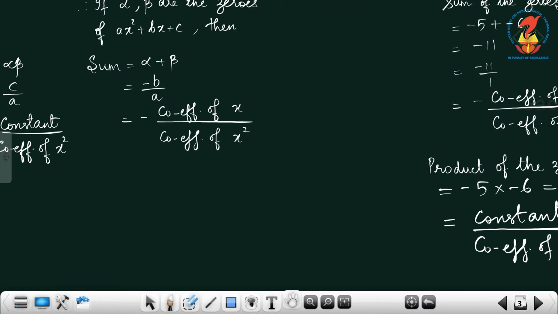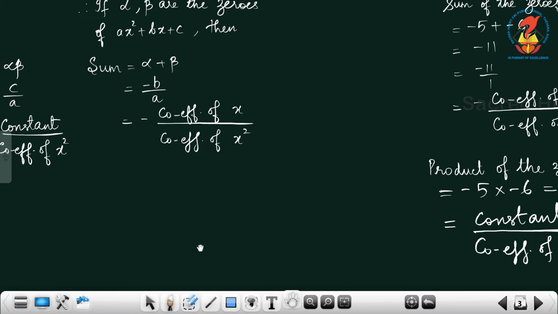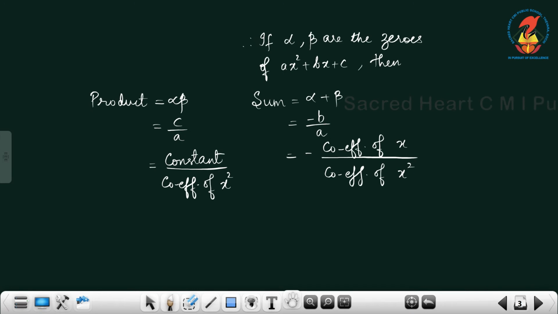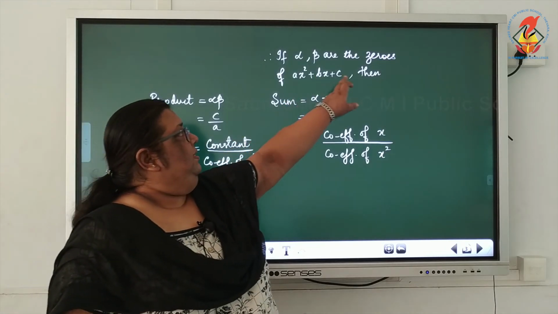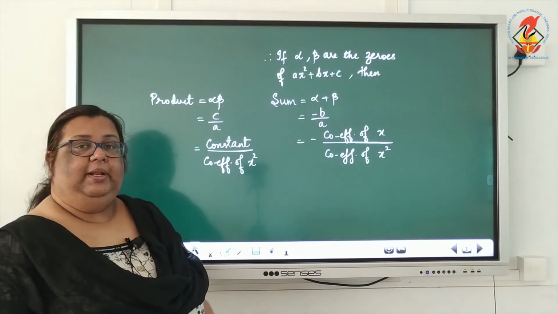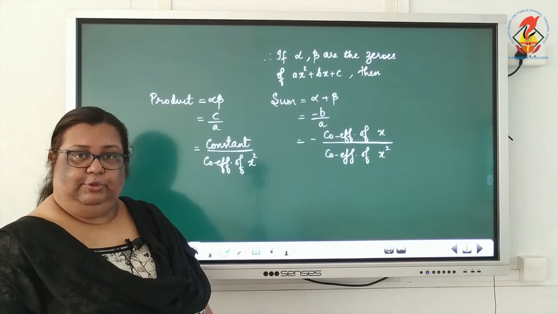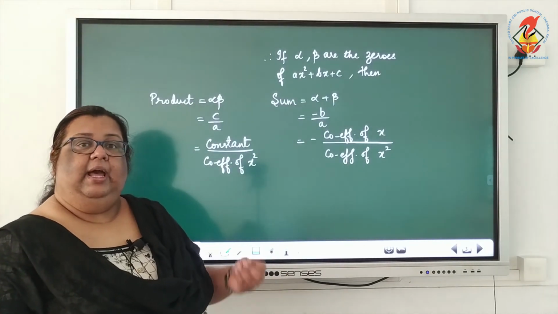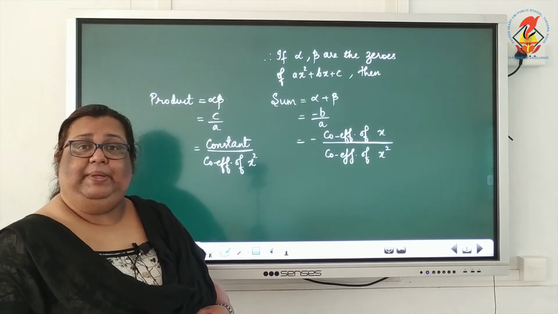So, if alpha and beta are the zeros of a quadratic polynomial ax square plus bx plus c. For a quadratic polynomial, we get two values, two solutions. One solution I am taking as alpha, another solution I am taking as beta.